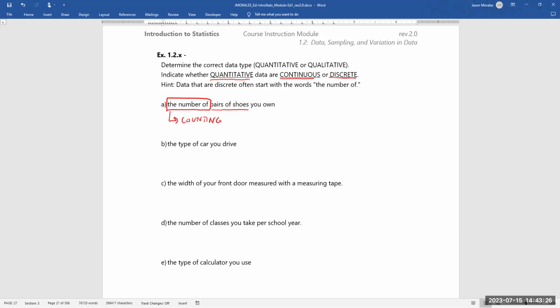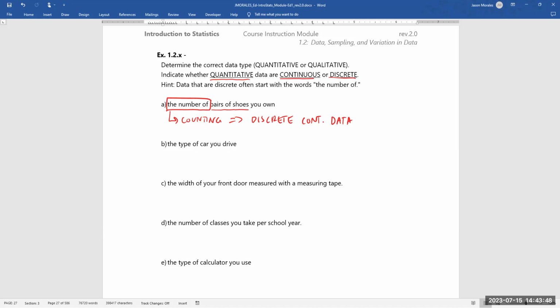And because it involves counting, this is going to be discrete. So this would describe a variable that we would consider to be discrete quantitative data.